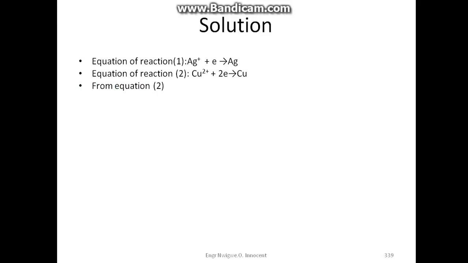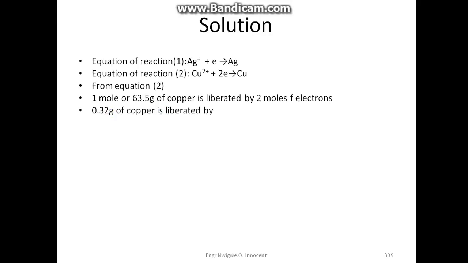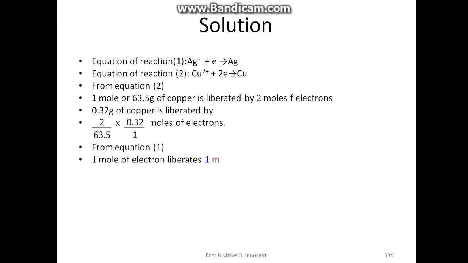From equation 2, 1 mole or 63.5 gram of copper is liberated by 2 moles of electrons. 0.32 gram of copper is liberated by 2 over 63.5 times 0.32 over 1 mole of electrons. From equation 1, 1 mole of electron liberates 1 mole or 108 gram of silver.